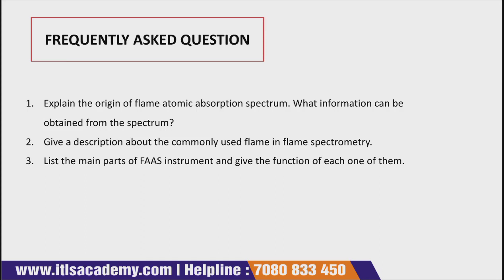Then your third question is: list the main parts of the FAAS instrument and give the function of each of them. We have discussed the components present in the instrumentation part, so you must know all these questions. These are certain important questions.